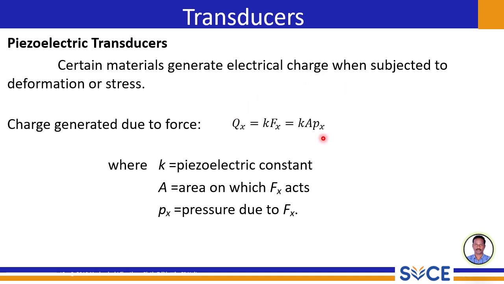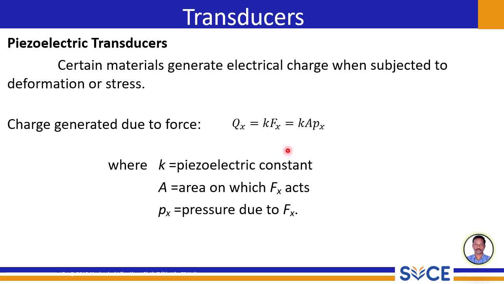In essence, when the piezoelectric material is compressed, stretched, or subjected to shear force, it produces an electrical charge that is proportional to the magnitude of the applied force or pressure. This generated charge can then be measured as a voltage across the material, providing an electrical signal that is directly related to the mechanical input.